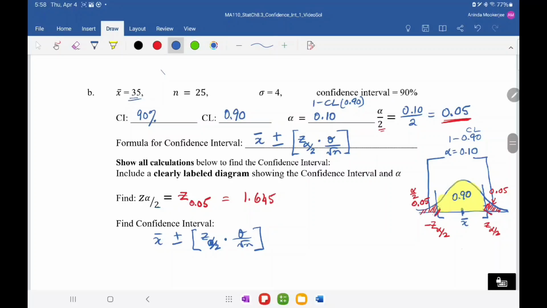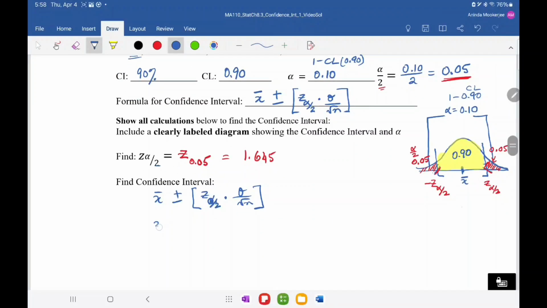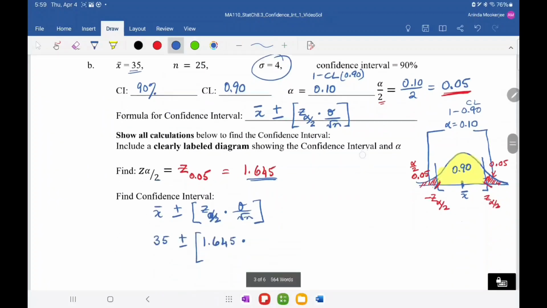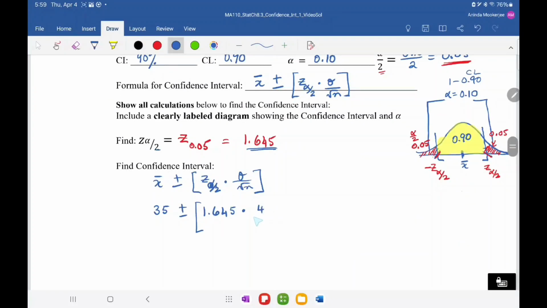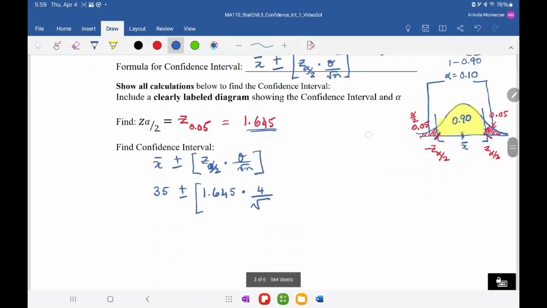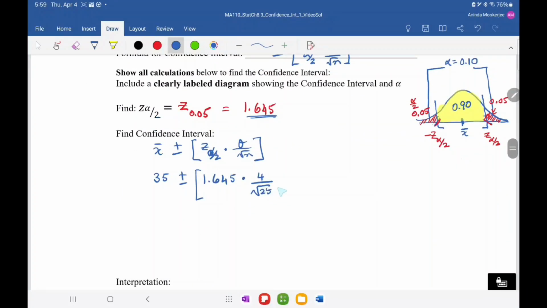That's the sample mean. So it's 35 plus minus z of alpha by 2, which we just found from our table, is 1.645, and then sigma given to us is 4. So let's write the 4, divided by square root of n, which was 25. So I'm going to write square root of 25, right?